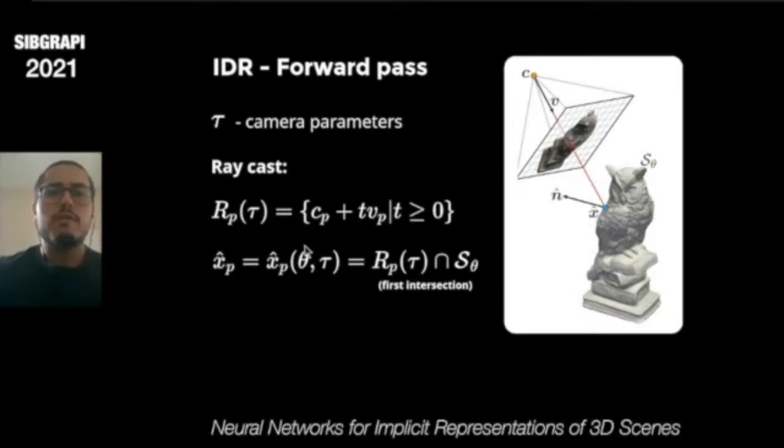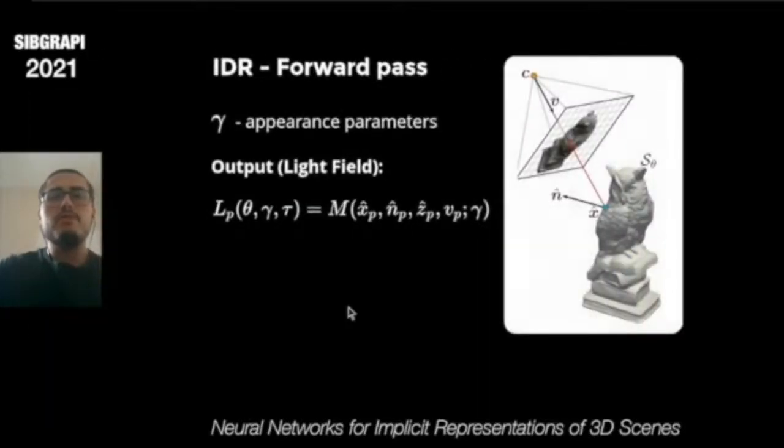It's not totally given. It's given but noisy. So you have a start camera, and then you're going to update the camera position too. So you have your raycast, which depends on tau, and you have x hat, which will depend on the geometry and the camera position, and that's your first intersection. So that's our old p hat, right?